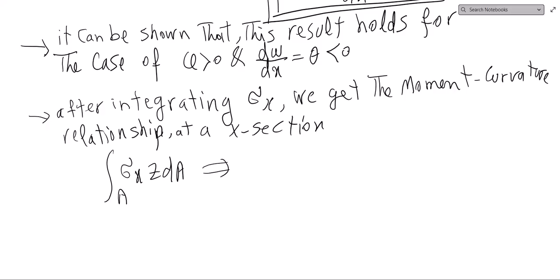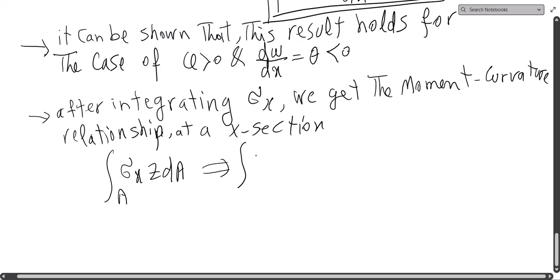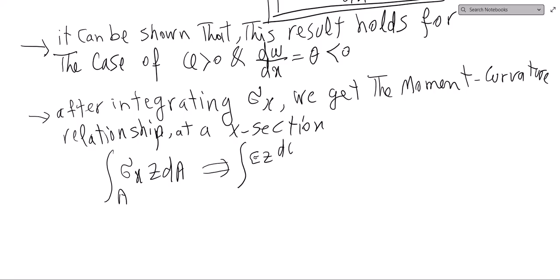That will give me, using the relationship that we had, therefore integral of Ez d phi dx z dA.